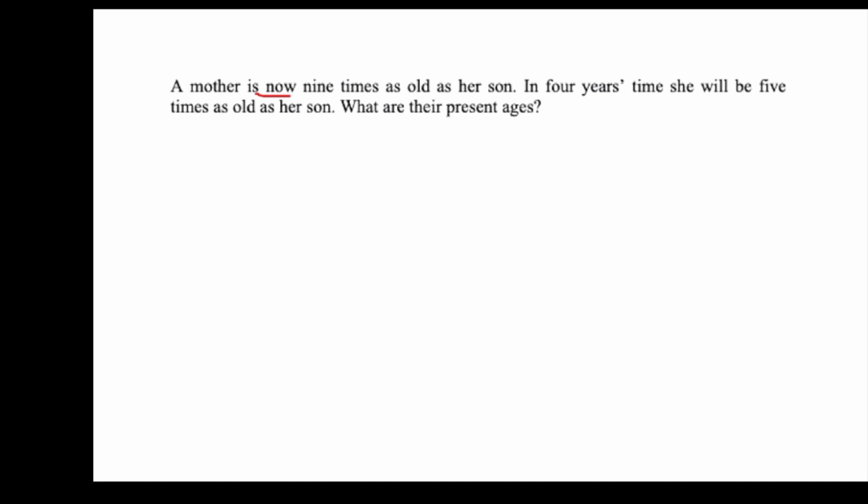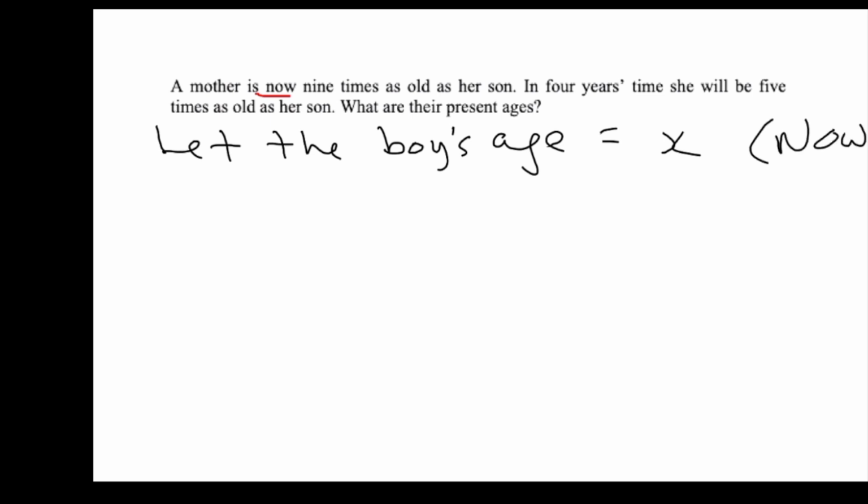All right, so we just need to start with the son here. So let the boy's age be x. So let the boy's age be equal to x. Now, this is now. That is now. So how old is the mother now?